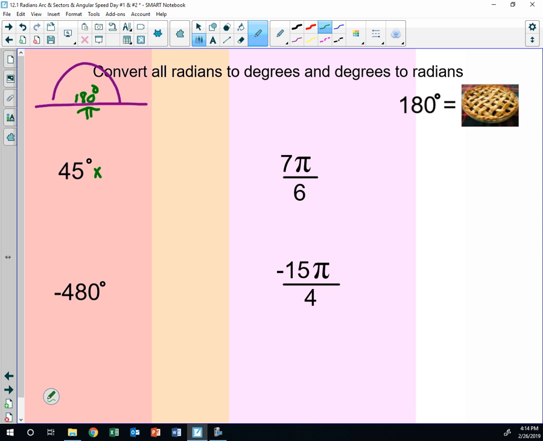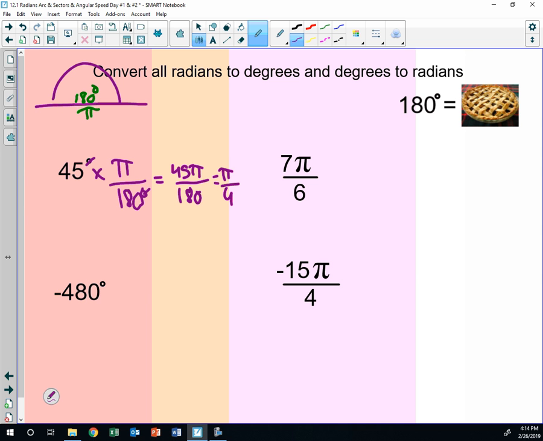So you're either going to multiply by 180 divided by pi, or you're going to multiply by pi over 180. Well, I don't like to memorize things more than I have to, and if you have pi over 180, notice these degrees are going to cancel. And so this will be left with 45 pi over 180, which is the same as pi over 4.